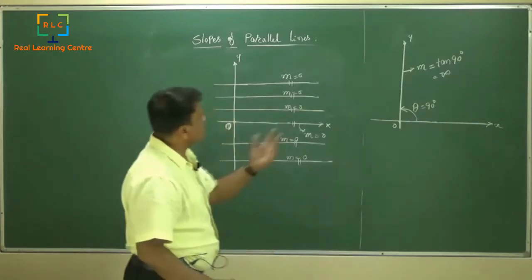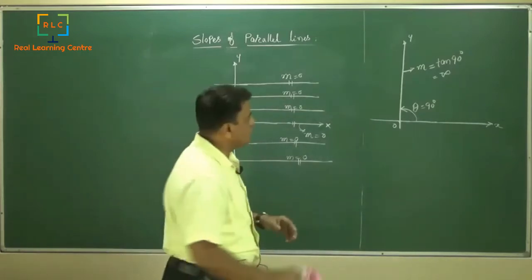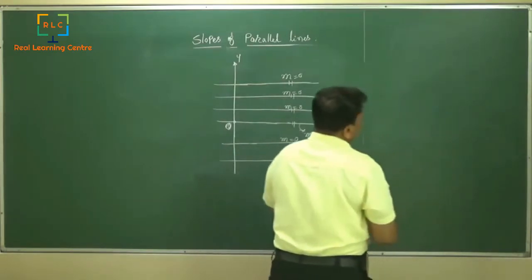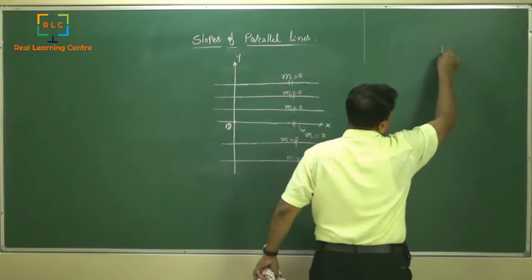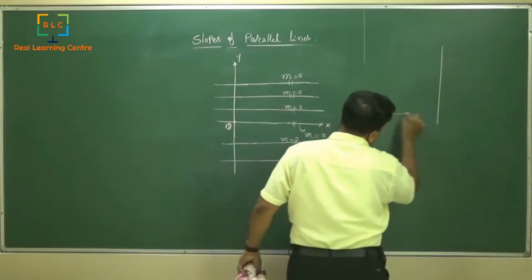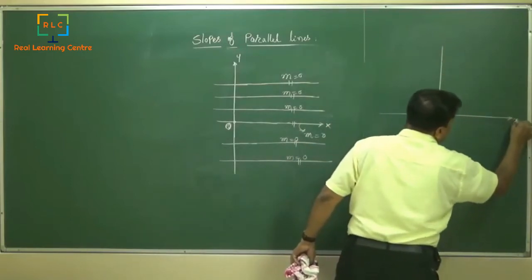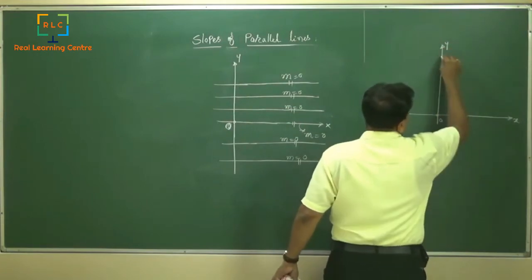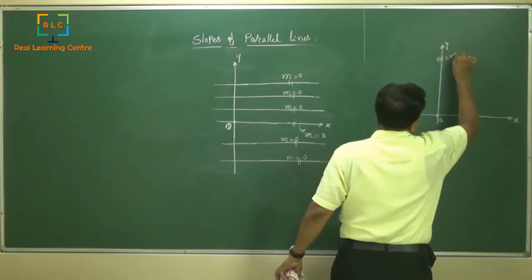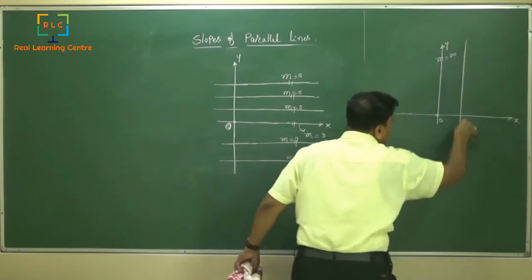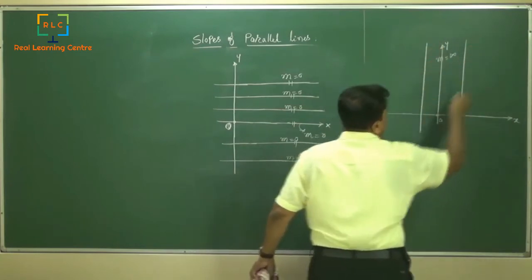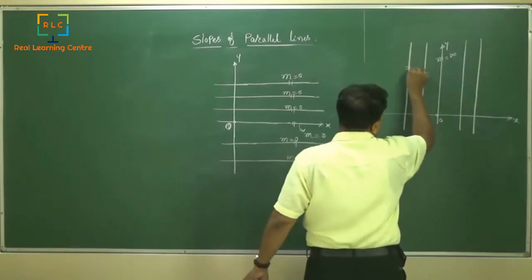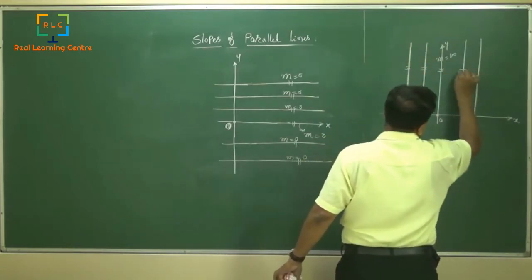Now we'll discuss another condition. Again, for the y-axis, this is the x-axis and this is the y-axis, origin. You know that for the y-axis the slope is not defined, infinity. Then any line parallel to the y-axis, meaning perpendicular to the x-axis, we can take.